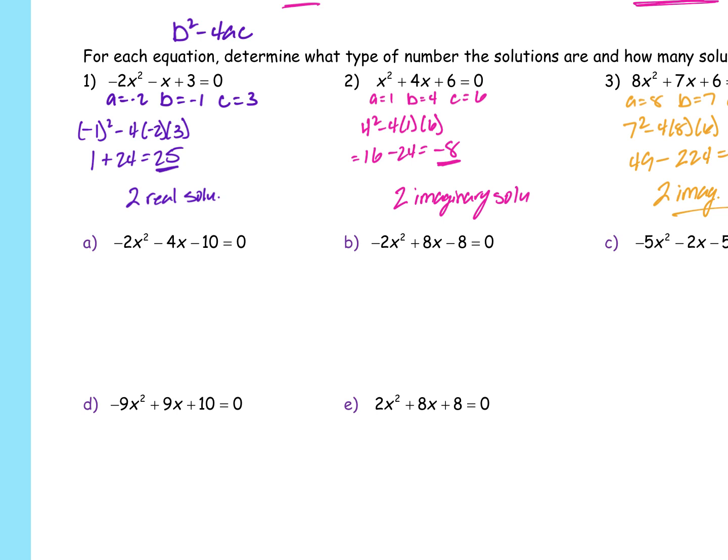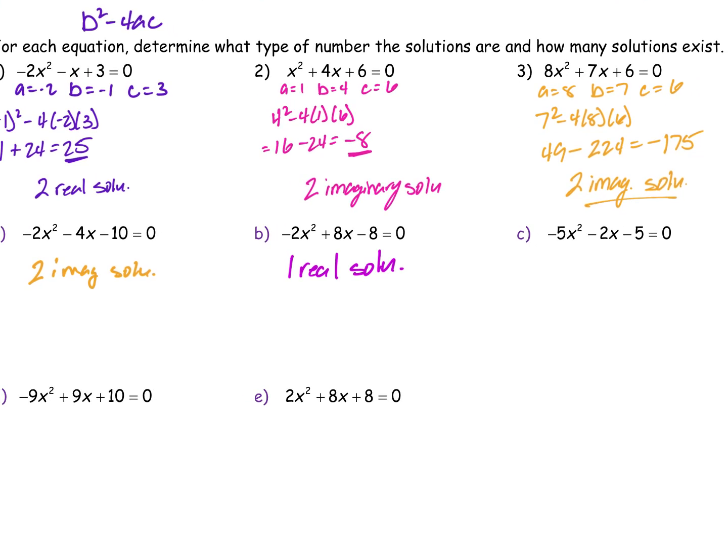So for the first one, I've got two imaginary solutions. And part B is, I was also going to say also, but it's not, one real solution, because it ended up being 0, right? And then C is, what is C? Oh, 2 imaginary solutions.